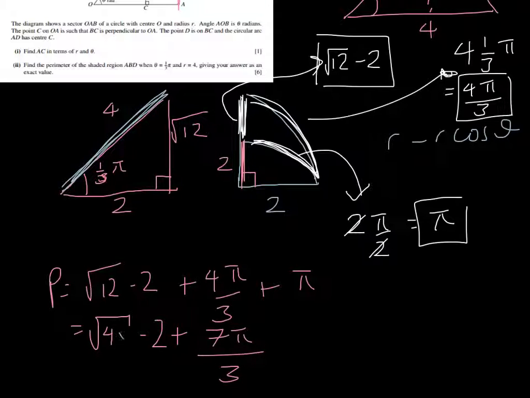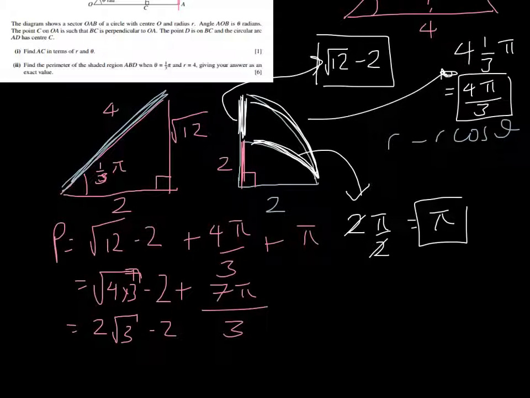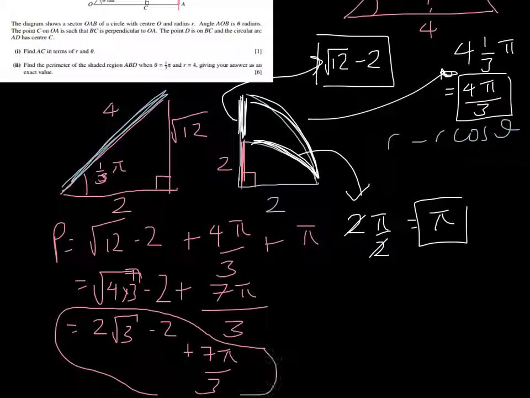I still keep that all under the same bracket, but now I can take the root of 4, which is 2, and leave the root only with the 3 part. So I would get, for my answer, 2 times root of 3 minus 2 plus 7 pi over 3. And that there would be my final answer for my perimeter.